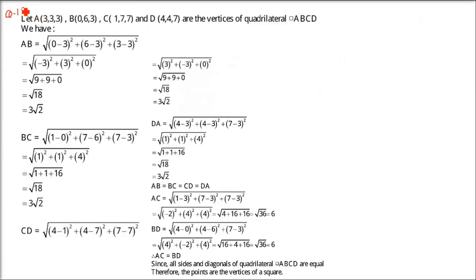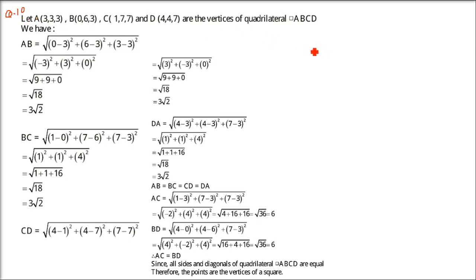Now the next question is question number 10. Show that the points A, B, C, D are the vertices of a square. So if you can show all the sides as equal, it will be a square, and also the diagonals are equal, because it may be a rhombus.